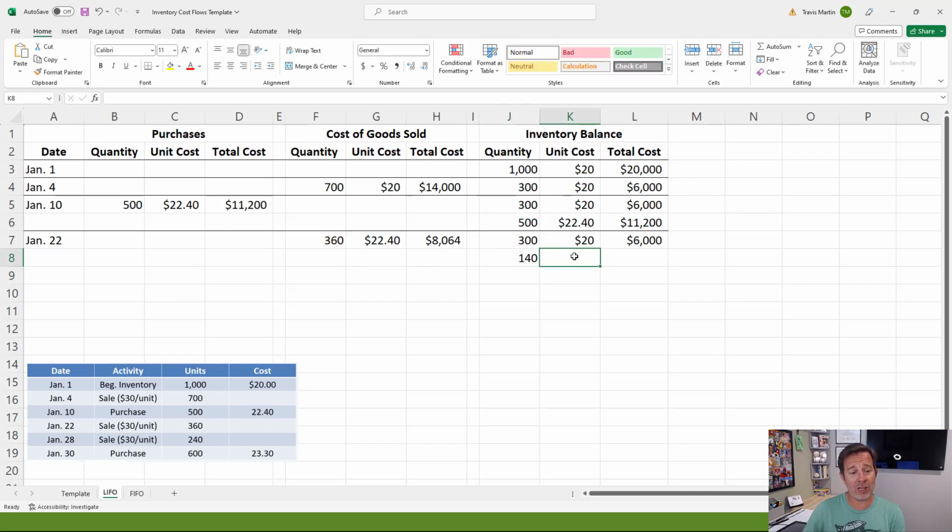Yeah, 140 left. I had 500. I sold 360 using LIFO. I pulled it out of the newest group, last in and first out. And so I have 140 left that I paid $22.40 for. So there we go.